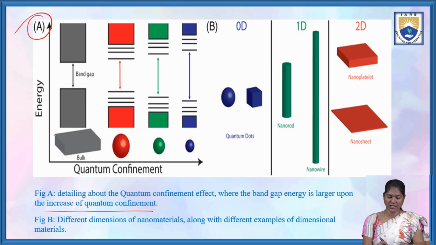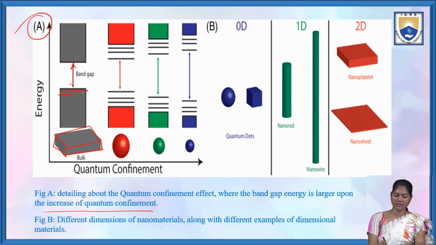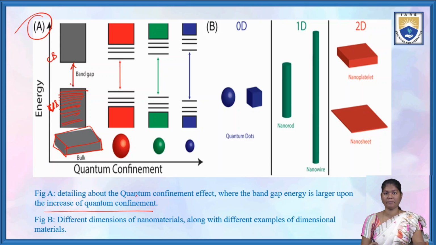When taking the bulk material, here are the energy levels, the bands: this is the valence band and this is the conduction band.